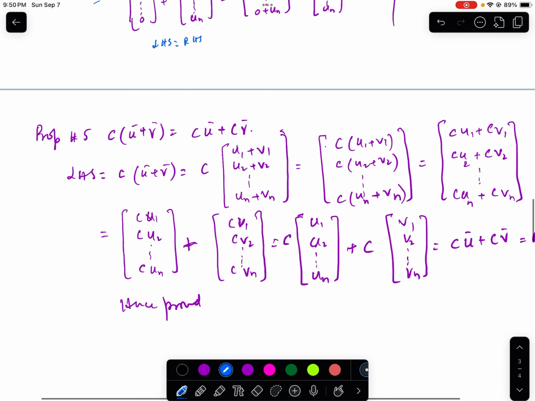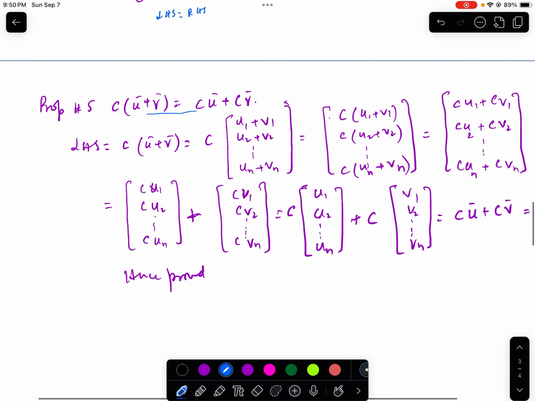Fifth property here was c times u plus v is equal to cv plus cu, or cu plus cv. So here I have this property written and I start with the left hand side, c times u plus v. What does that mean? First we add the vectors. So here is the addition, added vectors and multiplied by c. What does that mean? By scalar multiplication, this constant gets multiplied with each entry of the vector. So here I put it with each entry, and then using the distributive law of real numbers.